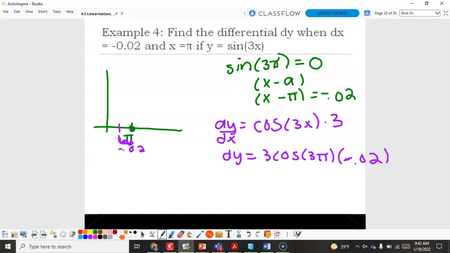Cosine of 3 pi is like cosine of pi, which is negative 1. So you get 3 times negative 1 times negative 0.02, which is 3 times 0.02, which is 0.06. That means the height from here to here is 0.06.